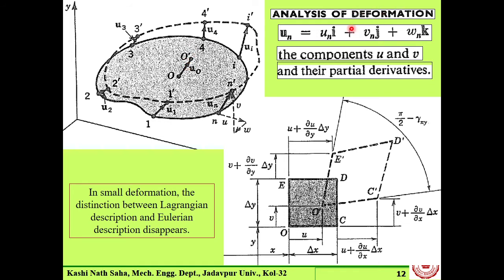This is the general displacement field, as we have already mentioned. These U, V, W are individually fields, so the components U, V and their partial derivatives also exist. So U varies along X, Y and Z.